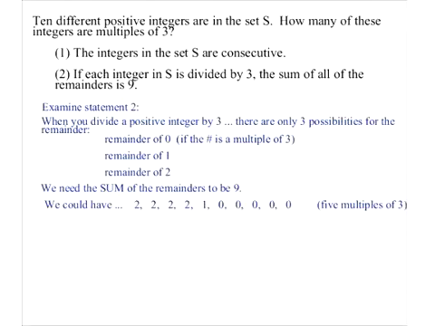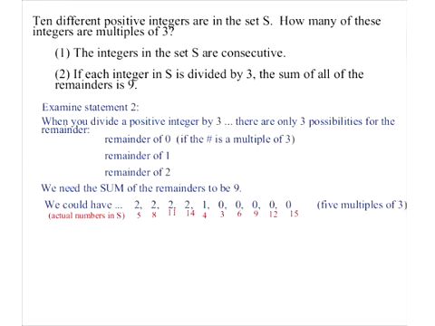Actual numbers in S could be like 5, 8, 11, 14, and then maybe 4, and then these could just be multiples of 3: 3, 6, 9, 12, 15. So that's one. We could have 5 different multiples of 3.